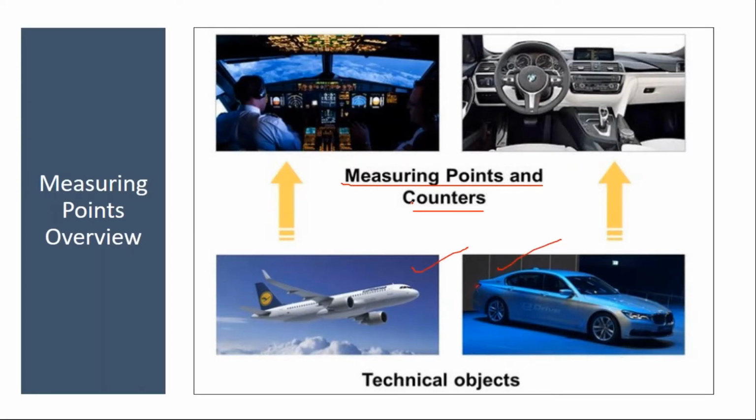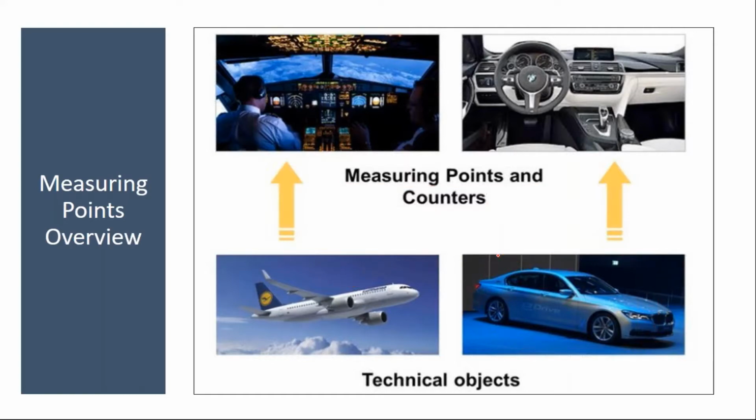Suppose you have a car. You want to measure the car odometer, number of kilometers traveled. So that is handled through a measuring counter. And let's say you have an aeroplane. You want to measure how many liters of fuel it consumed. So if you want to measure those kinds of things, then you have to use measuring points and counters.